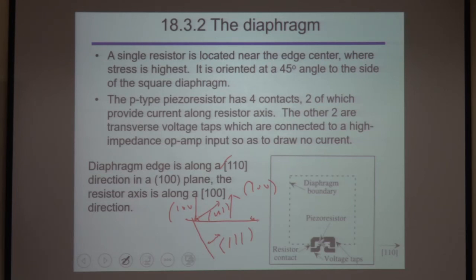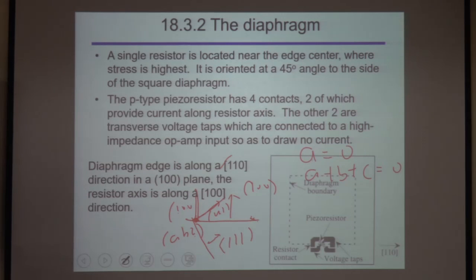So this direction is normal to 100 and normal to 111. Suppose the value is A, B, C. Because this one and 100 are perpendicular, the inner product is 0: A times 1 plus B times 0 plus C times 0. And the other inner product, for this vector and the 111 vector, they are normal to each other, so A times 1 plus B times 1 plus C times 1 is 0.